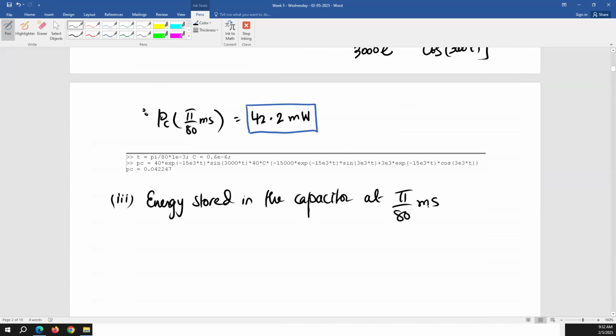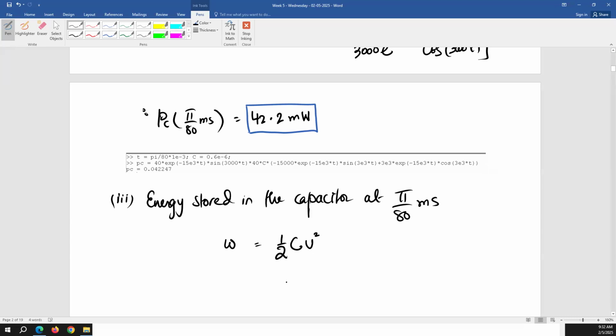For energy, what is the formula that we used? Energy or work is 1/2 times C times the capacitor voltage squared.